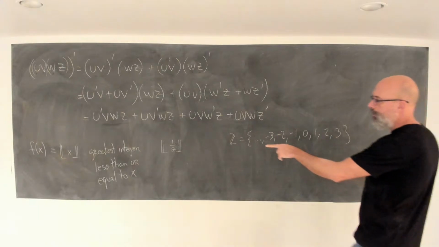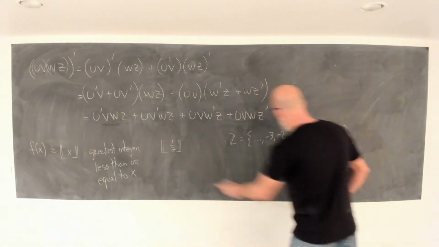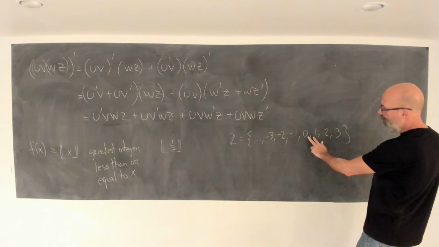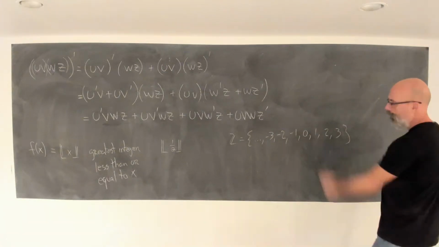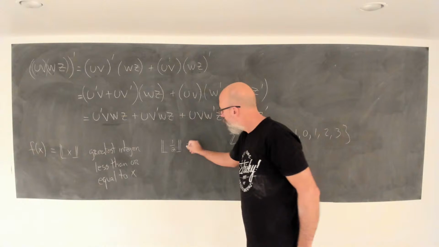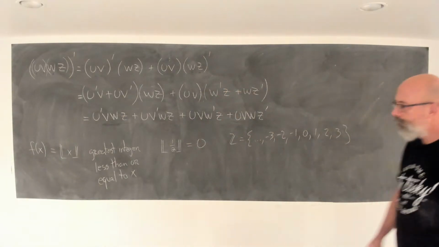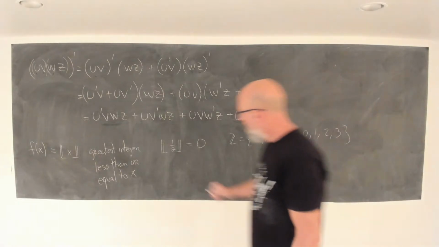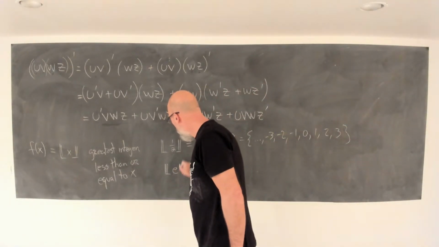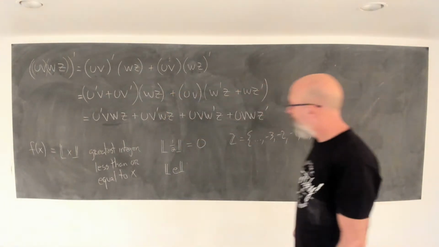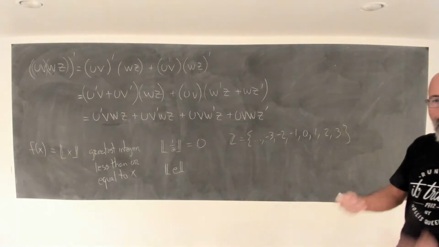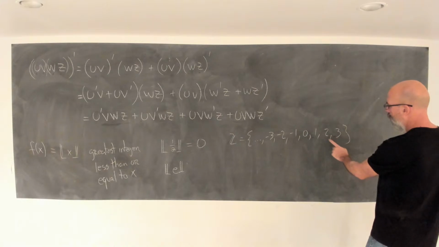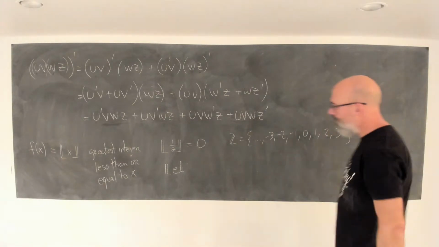So what is the greatest integer less than or equal to 1/2? Well, 1/2 is between 0 and 1. So the greatest integer less than or equal to it is going to be 0. Greatest integer less than or equal to e. E is 2 point something something. So it's between 2 and 3. Greatest integer less than or equal to e is 2.